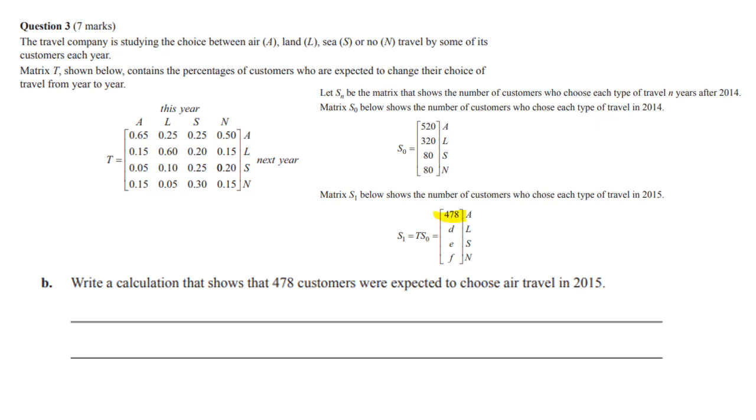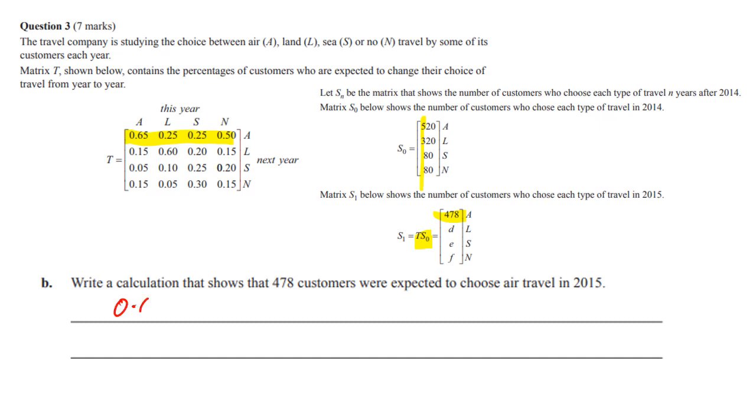So if you've got T times S0, then you've got to know that you're multiplying this row by this column to get the 478, because that's the first element. So first row by first column gets you the first element. So that's where we get the numbers from.